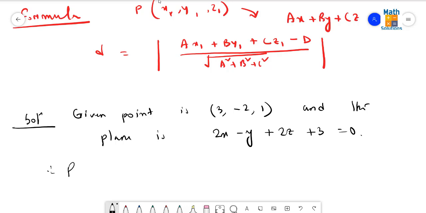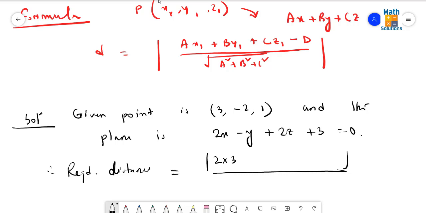Therefore, the required distance is equal to modulus of 2 into 3 minus, in place of y we write minus 2, then plus 2 into 1, then plus 3, divided by square root of 2 square plus minus 1 square plus 2 square.